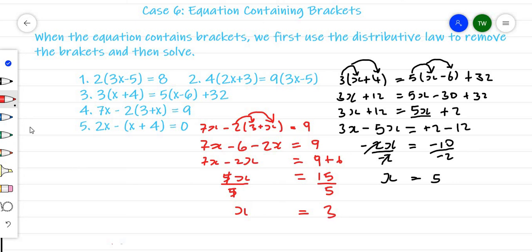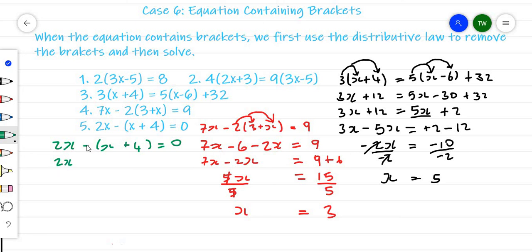Now to my final example. Example number 5, here I have 2x minus bracket x plus 4 equal 0. Now here I'm going to apply the distributive law to this bracket. So here I'm going to use this minus sign to multiply each term inside of the bracket. So I'm going to write back 2x.